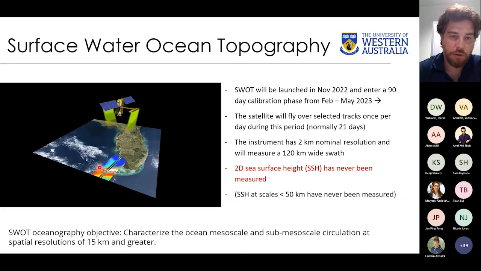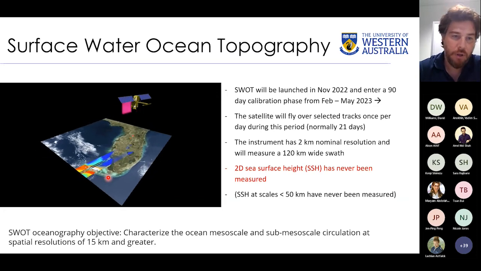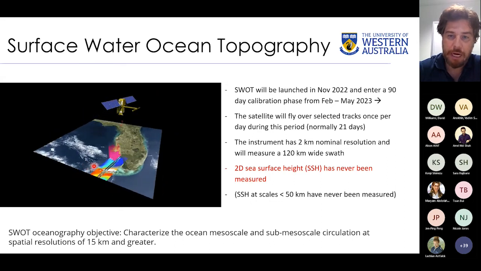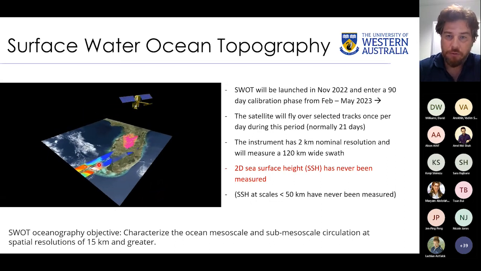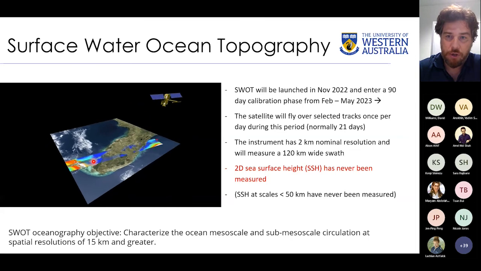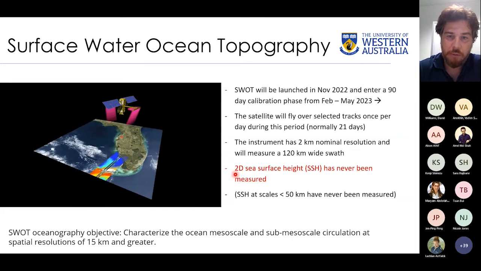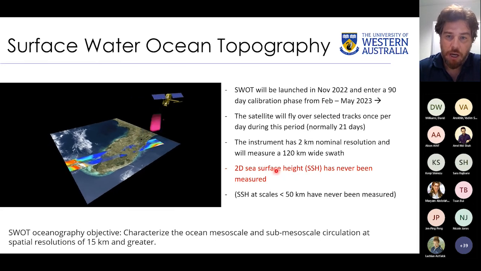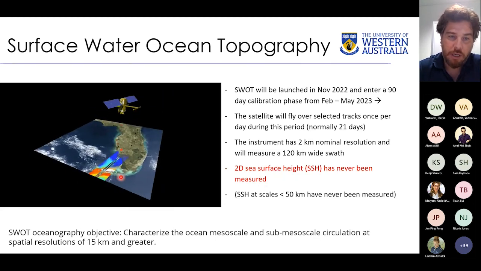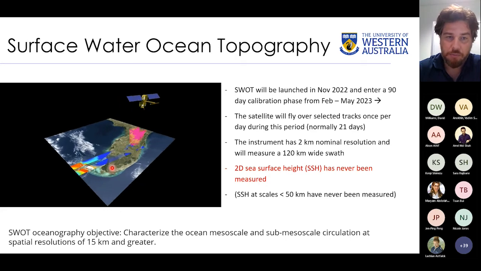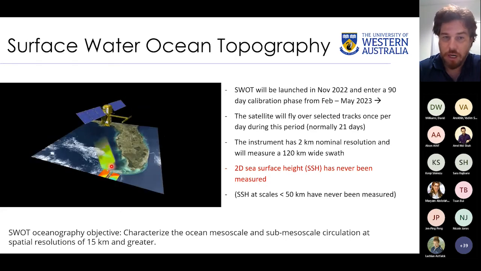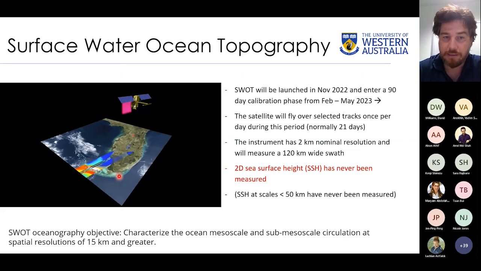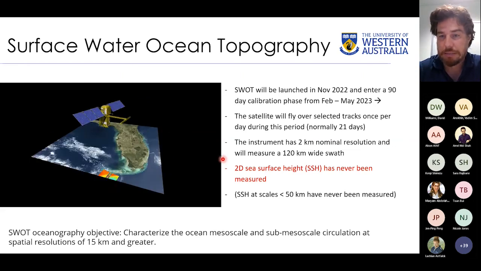And so you'll get an across-track measure of that tracer, or that scalar. That's never been measured, that two-dimensional picture of the sea surface height. And it'll give a better picture basically of some of the eddies and internal waves that are going on, or at least the sea surface expression of those.